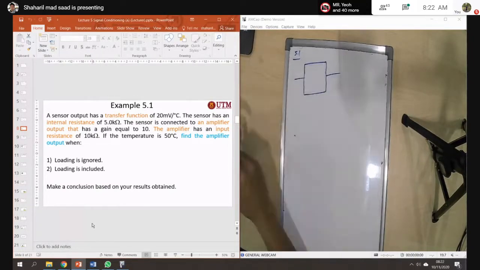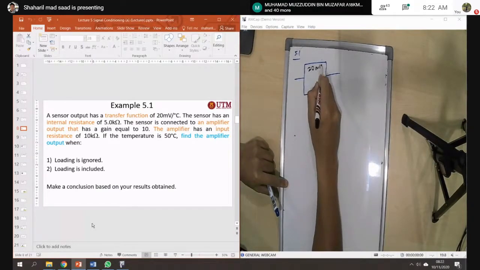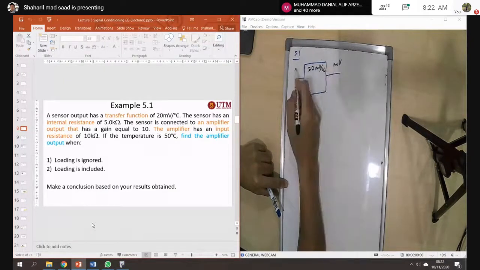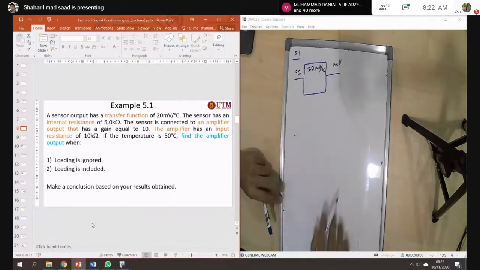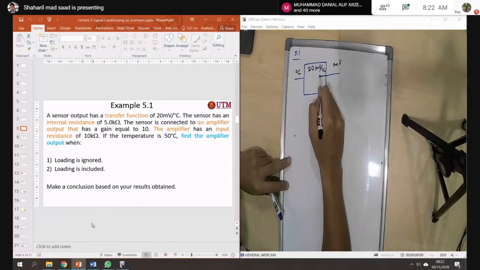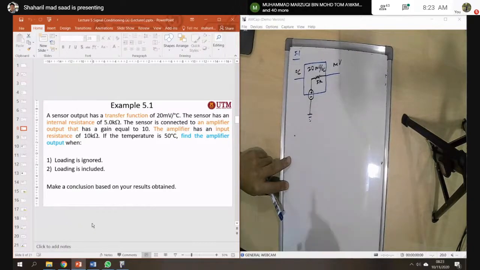So the sensor transfer function has 20 millivolt over degree. That means the output now is millivolt, the input now is degree. Now it has the internal resistance 5 kilo ohm. So this is the internal resistance of your sensor.